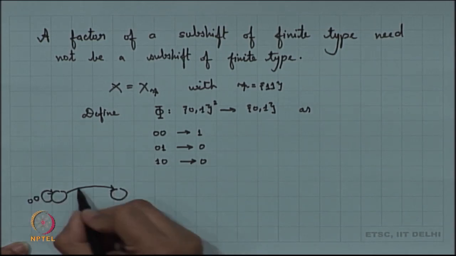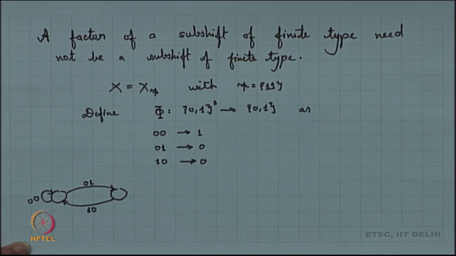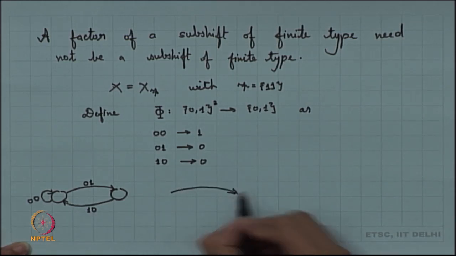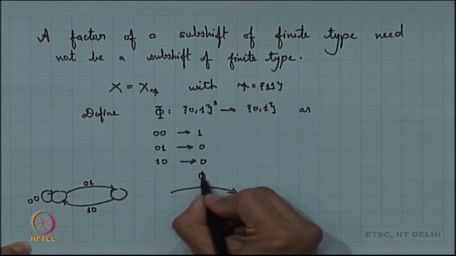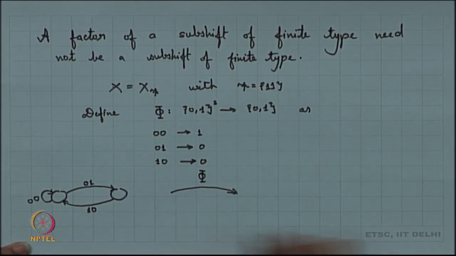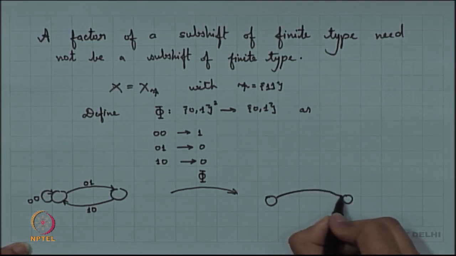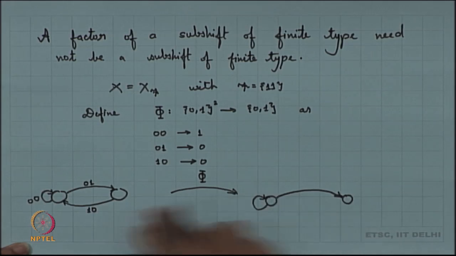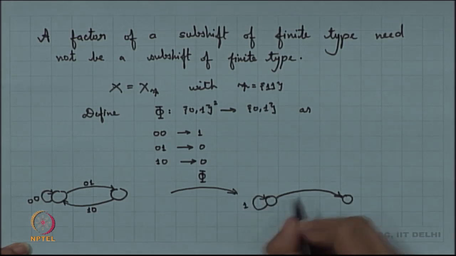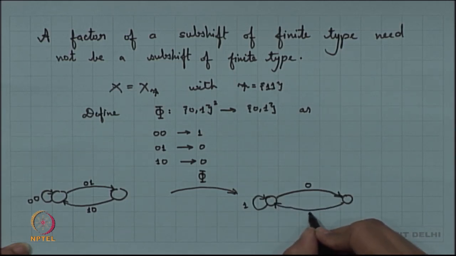So, we have 0 0 here, we have 0 1 here and we have 1 0 here, and then we have this phi, a 2 block map, which also gives us a graph homomorphism from this particular graph to this graph, where we are preserving the vertices and all we are doing is taking the images of the edges. So, this gives us 1, this gives us 0 and this gives us again back 1.